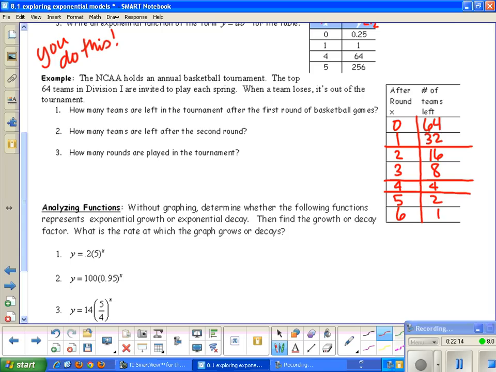So after the first round, there are 32 teams remaining. Then it asks how many teams are left at the second round, which we just found: 16 teams remaining. And then how many rounds are played in the tournament altogether? Altogether, there were 6 rounds that we played.